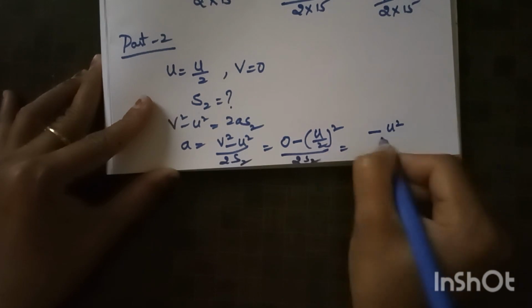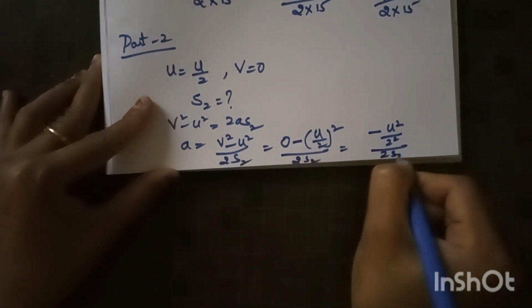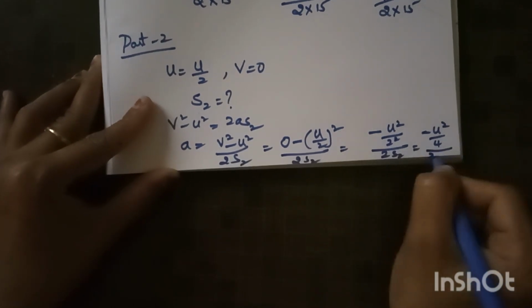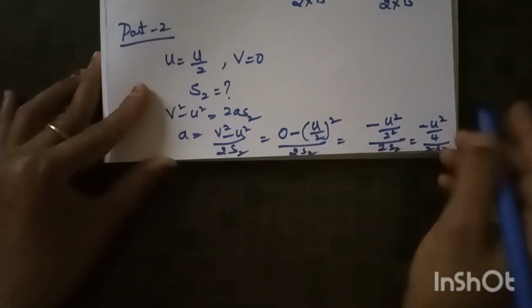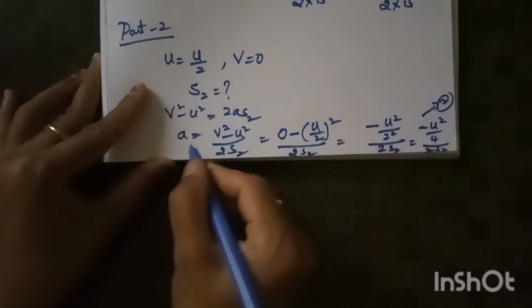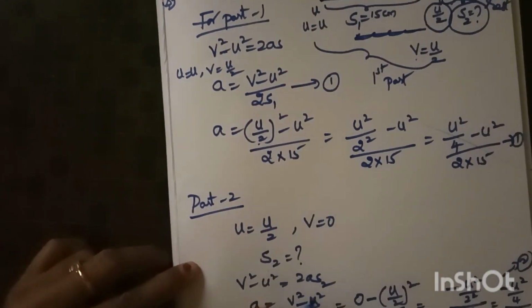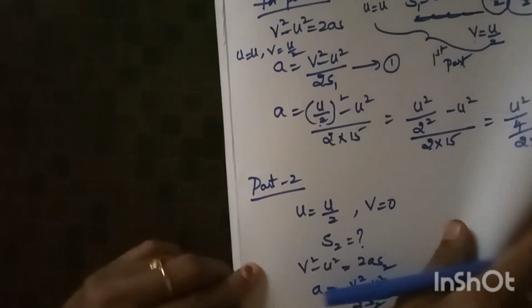Minus u square by 2 square by 2s2, minus u square by 4 by 2s2. Consider this as equation 2. So part 1 and part 2 have the same acceleration, a and a. You can equate these.